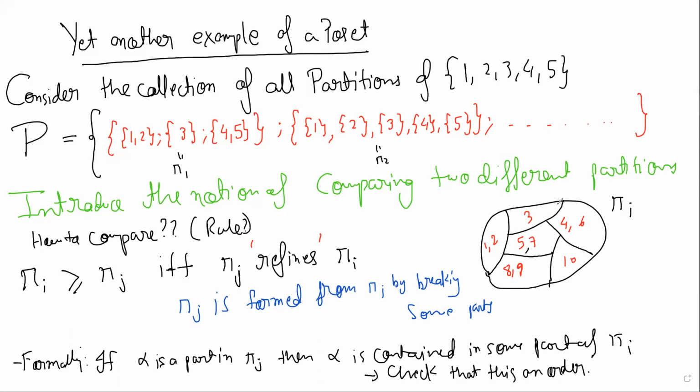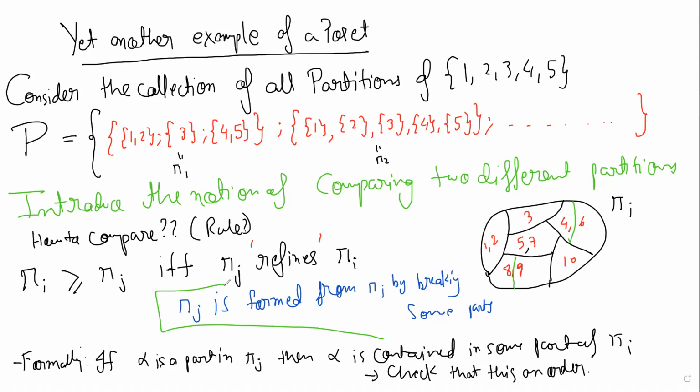So if you take pi_i and you add more lines, add more parts, then this new partition that is formed, we will say that this new partition refines the old partition. It has more parts.